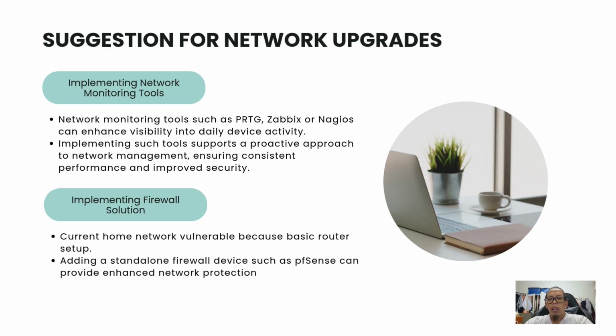And the sixth, also the last suggestion, will be implementing a firewall solution. As we know, my current home network is vulnerable because it's a basic router setup. There's no firewall solution. So by adding a standalone firewall device, it can provide enhanced network protection, and also maybe protection like IDS and IPS.